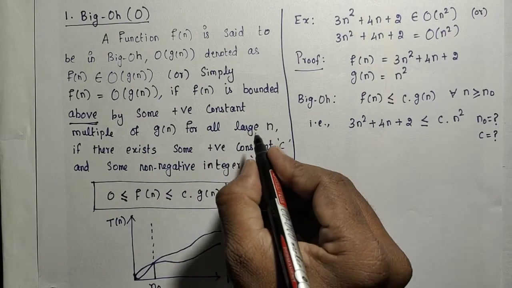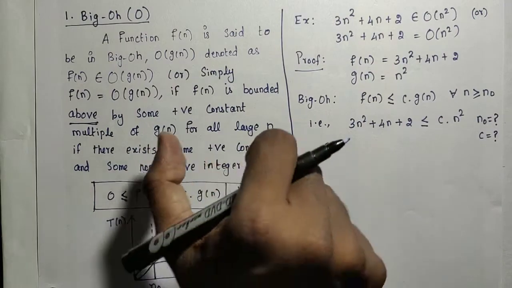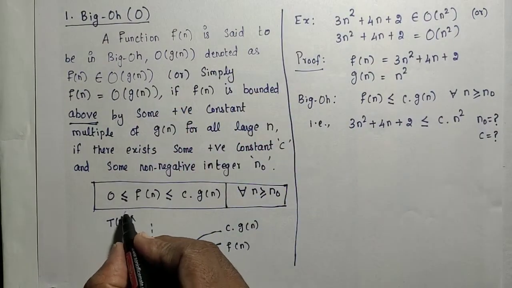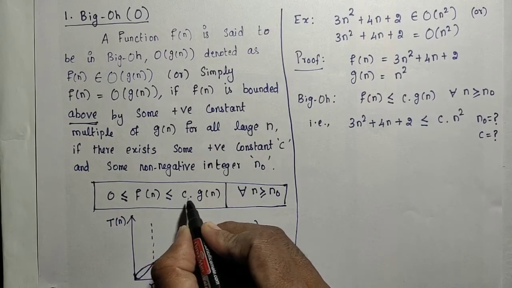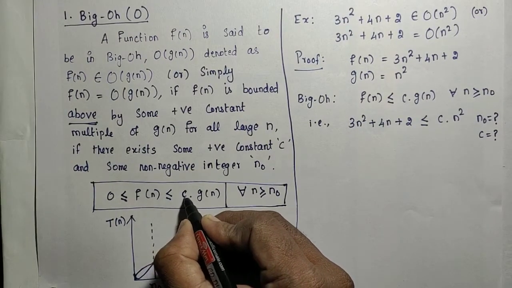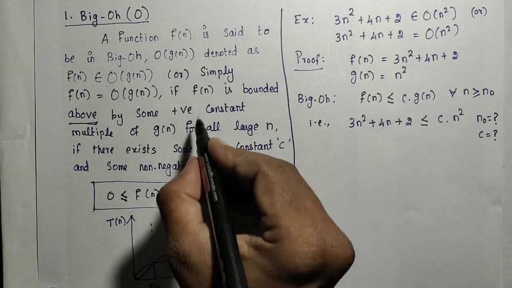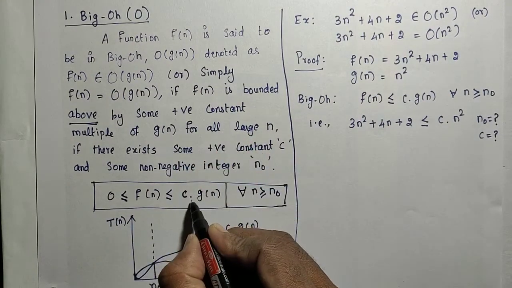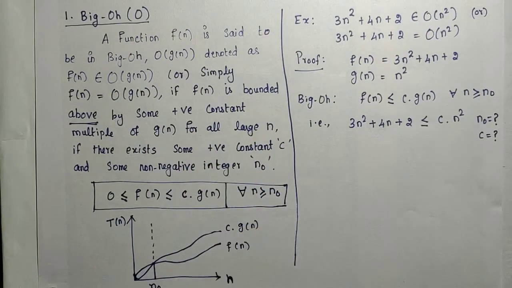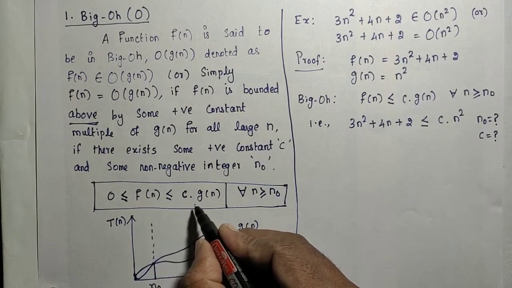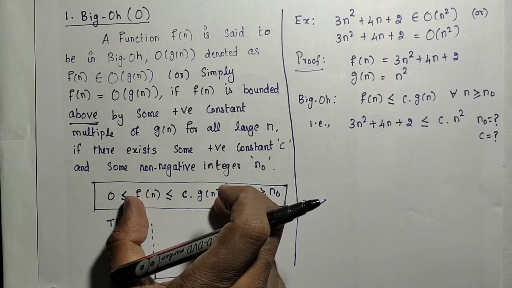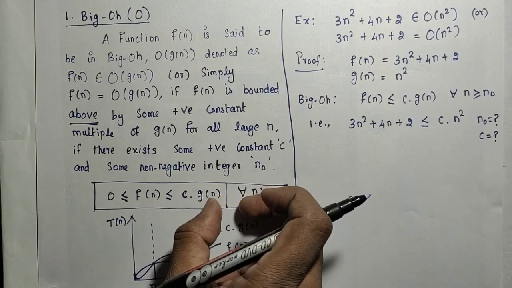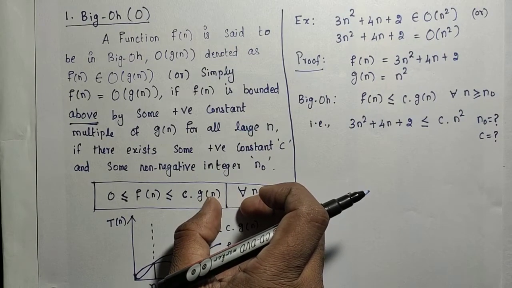How can we simply understand that definition? f of n must be less than or equal to c into g of n, where c is some positive constant. If this condition is satisfied, we can say that f of n belongs to the class big O of g of n.